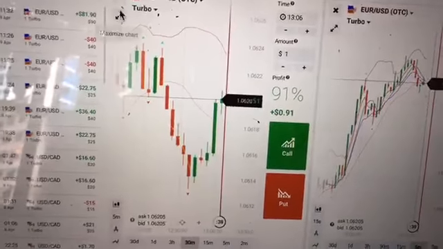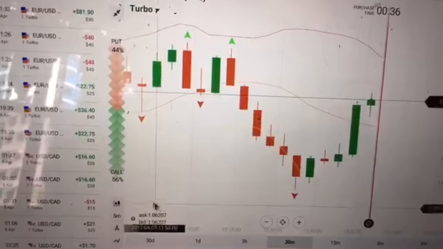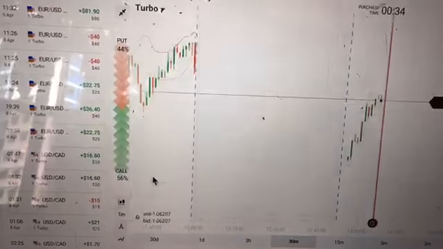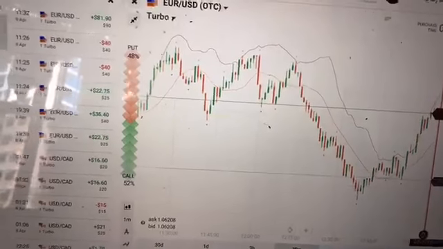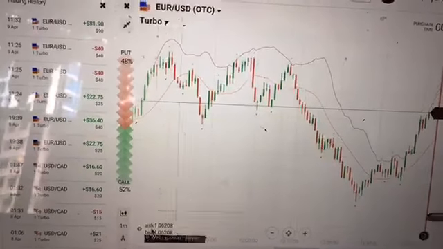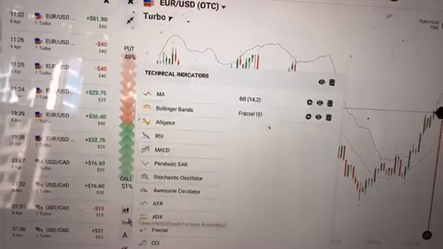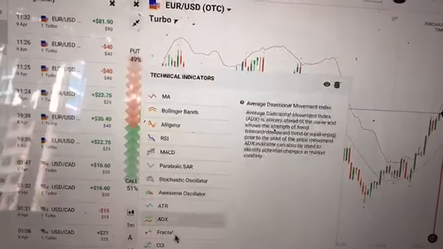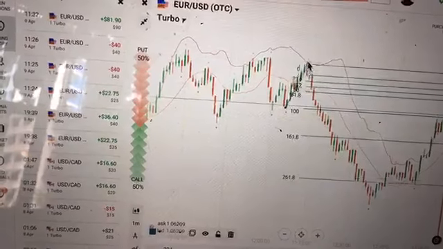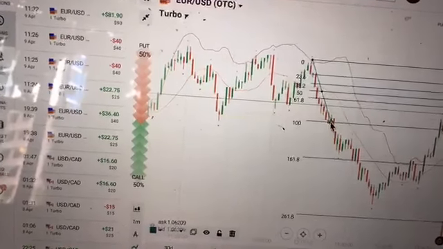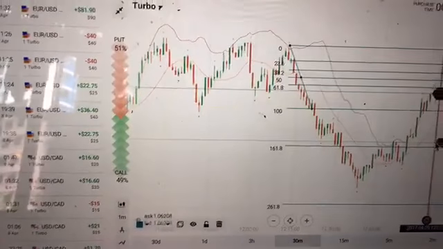What's really cool is that they have all these nice charts and tools that you can use. So even though you don't have your MetaTrader, I mean, I usually trade MetaTrader at the same time to do my studies and stuff, but there's a lot you can do right here. It's the full shebang of indicators that you usually use anyways. Fibonacci's, they have a lot of these tools that you can use to make your analyses.